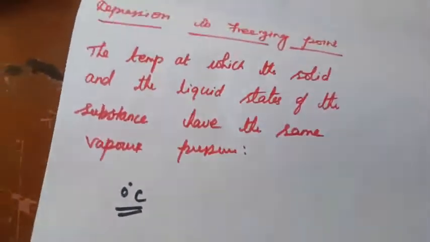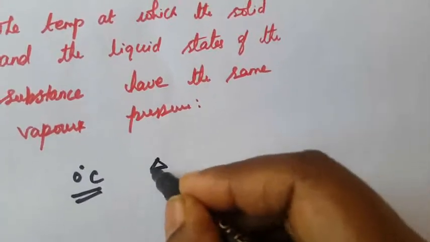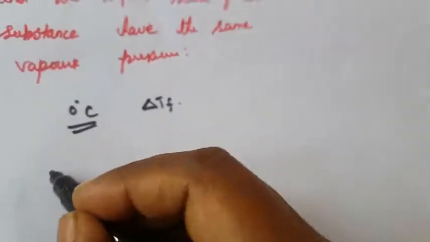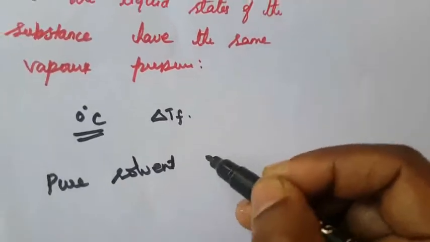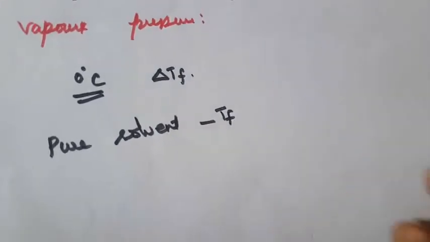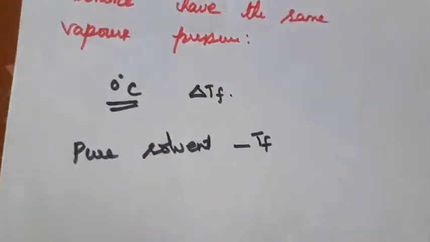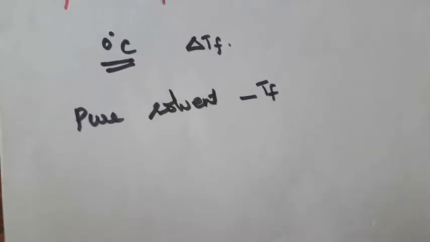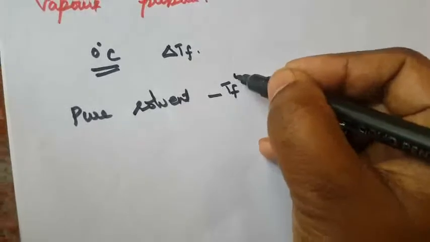So the depression of freezing point can be calculated as delta TF. First, for a known weight of pure solvent, the freezing temperature can be calculated, that is TF0.